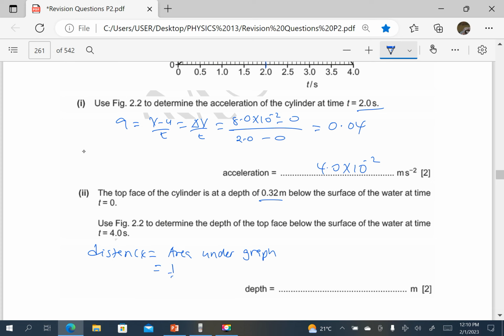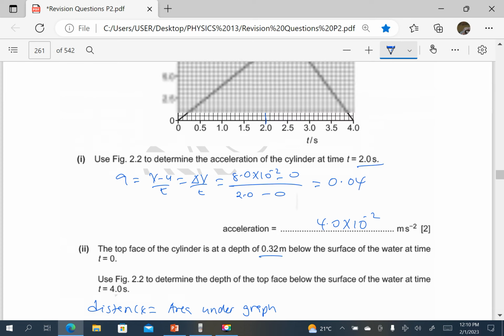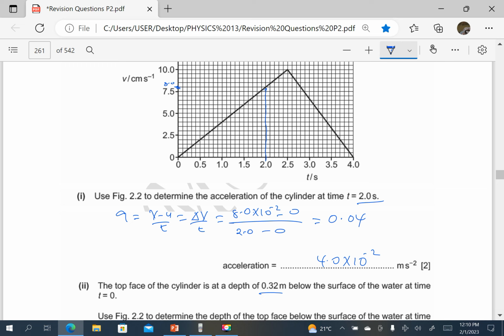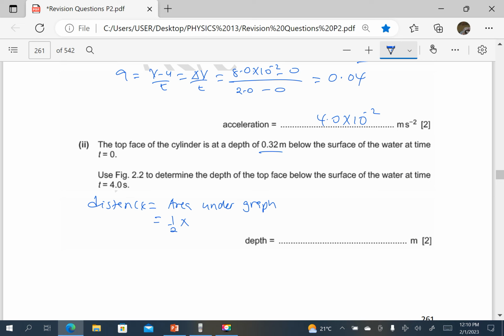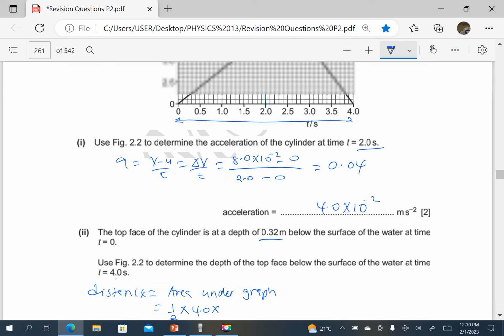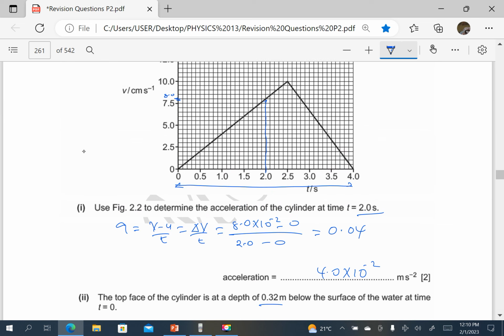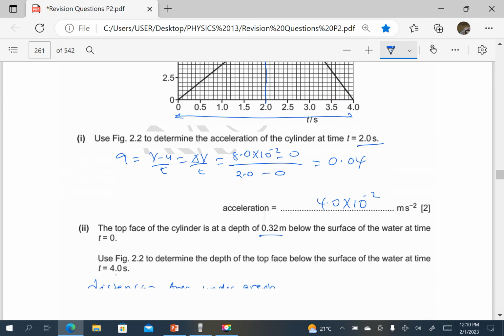The area under the graph is going to be a half times. So we look at the graph. You can take it as one triangle whose base is 4, or you can divide it into two triangles. I'll just take it as one triangle whose base is 4 seconds. So this will be 4.0, times the height, which is actually 10.0.